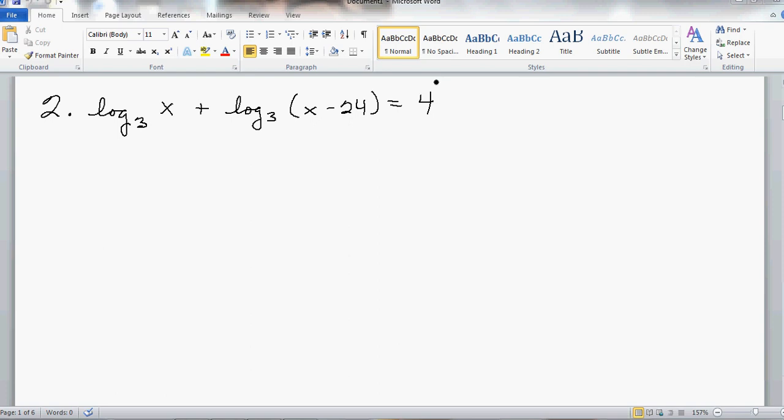One of the first things we want to realize is that when we add logs, this is actually multiplying x times x minus 24. So let's see what we get when we do that combination. This is log base 3 of x times x minus 24, and that's still going to equal 4 on the other side.